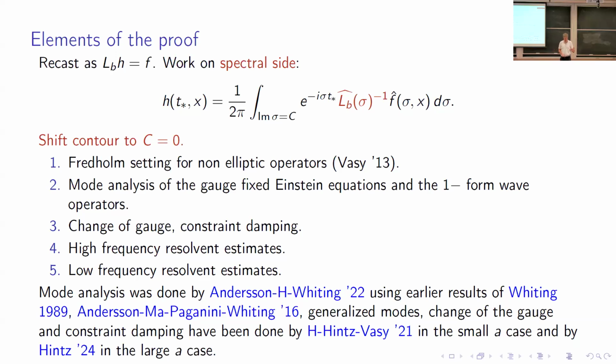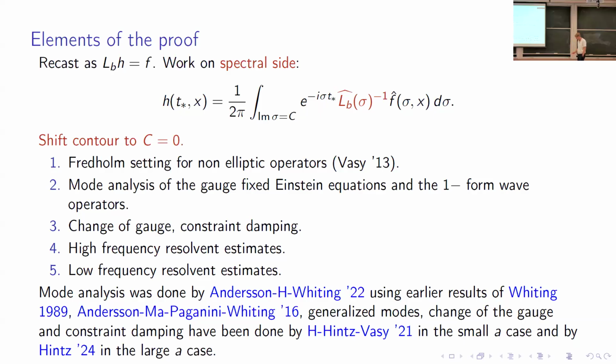Imagine, which I can't do for the moment, that I can go down to imaginary part of sigma equals 0. And then I multiply this with a t star. The multiplication by t star is the derivative with respect to sigma of this one. And if I have enough regularity, I can do integration by parts. So this translates decay in physical space to regularity in Fourier space.